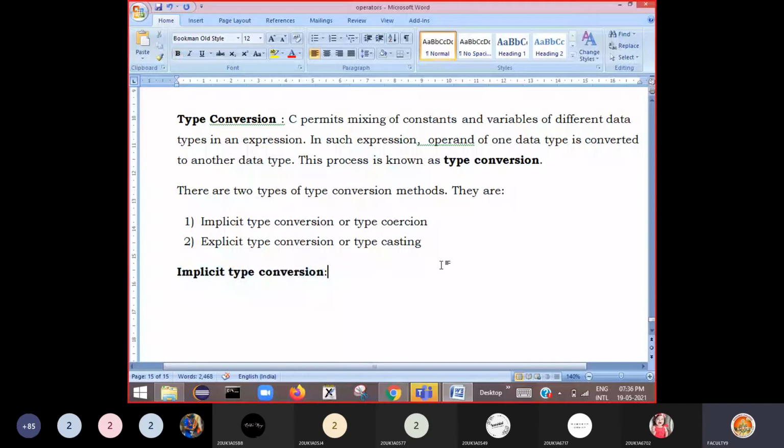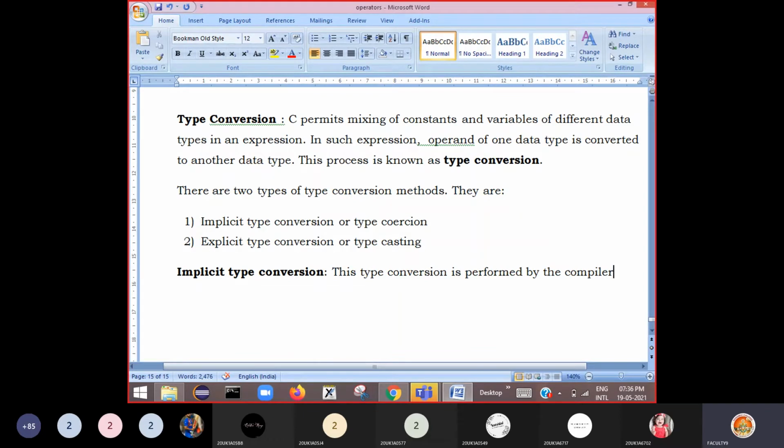So what do we mean by implicit type conversion? Implicit type conversion is performed by the compiler.